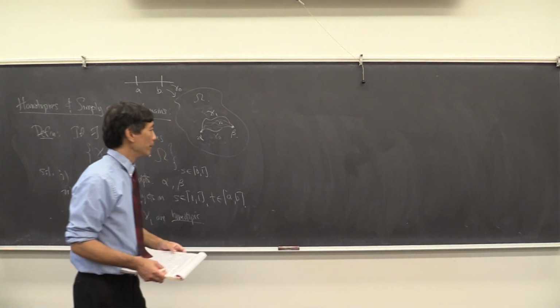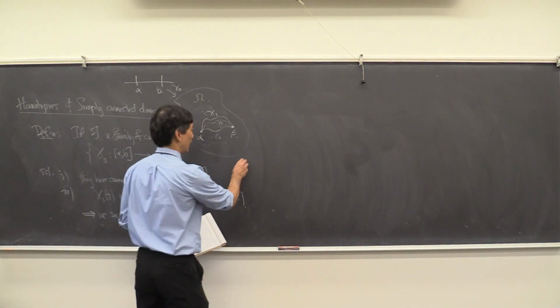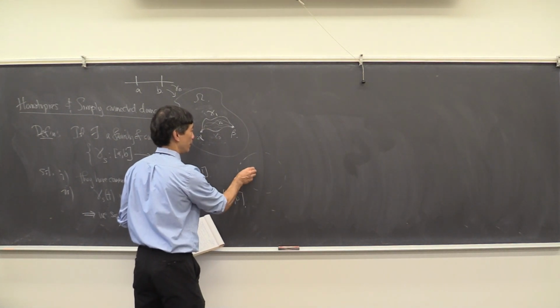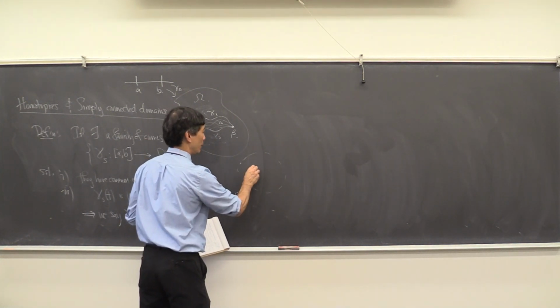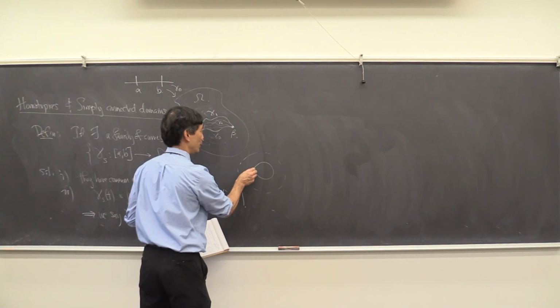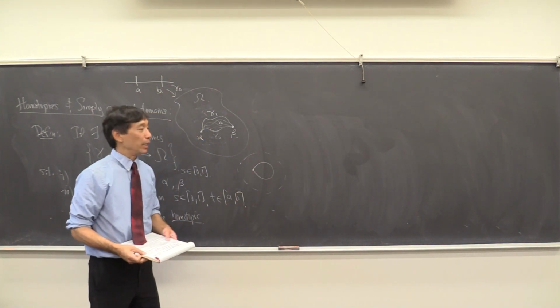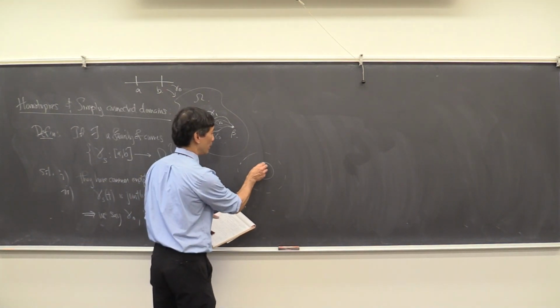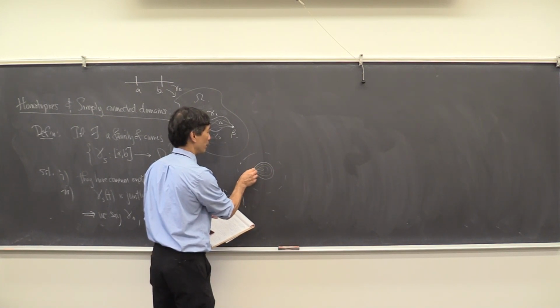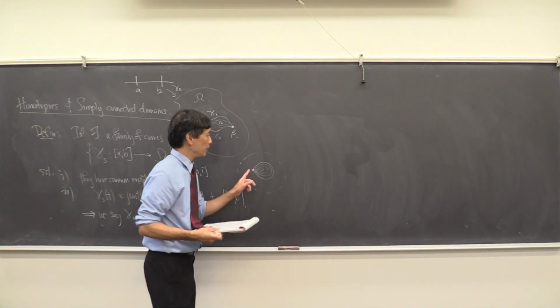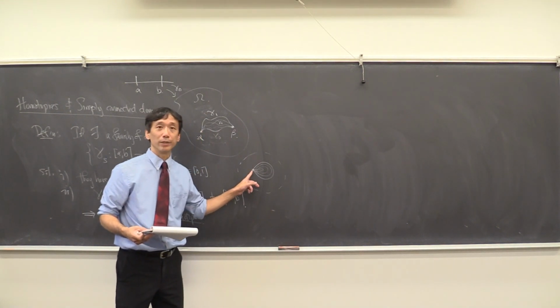So for example, if I have a set like this, and I have a curve that is just a simple loop, then I can deform that curve into a curve that's just a constant point.